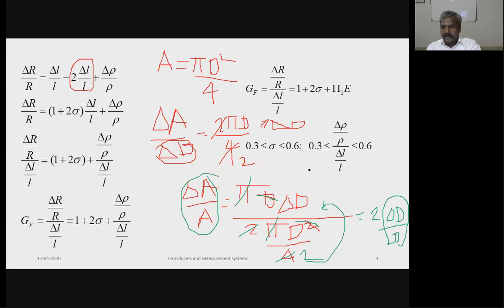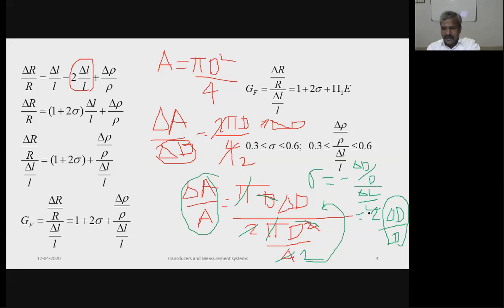Now let us first know about Poisson's ratio. What is Poisson's ratio? Minus of lateral strain del D by D to longitudinal strain del L by L. So Poisson's ratio is nothing but minus del D by D divided by del L by L. This is lateral strain and this is longitudinal strain.